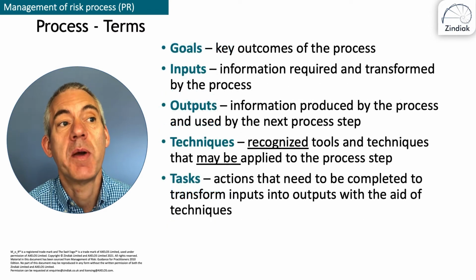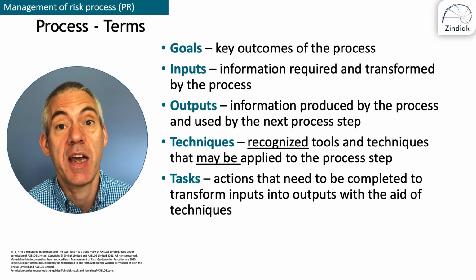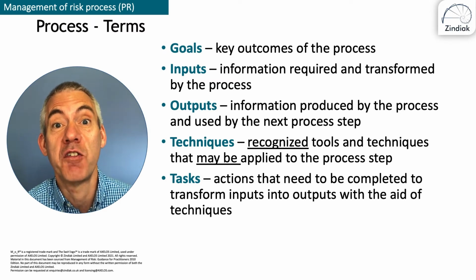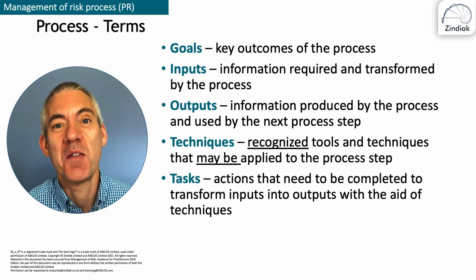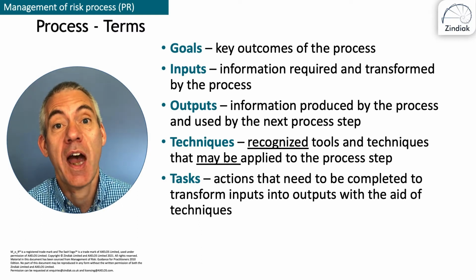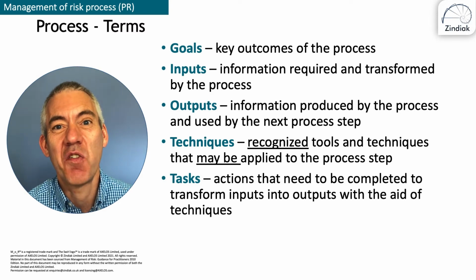The next term is goals, the key outcomes of the process. So whether that's the identify risks process, where the key outcome is we have identified all relevant risks, or the assess risk process, where the key outcome is we have adequately assessed all the identified risks.